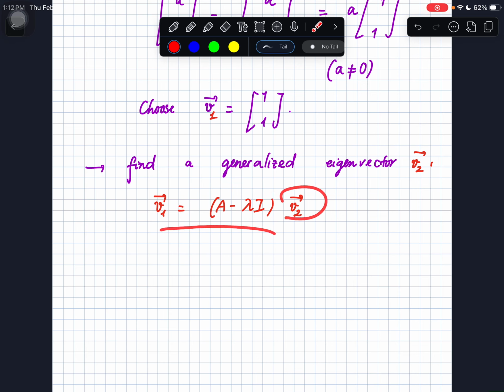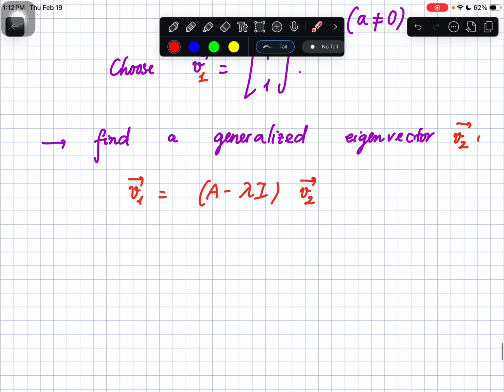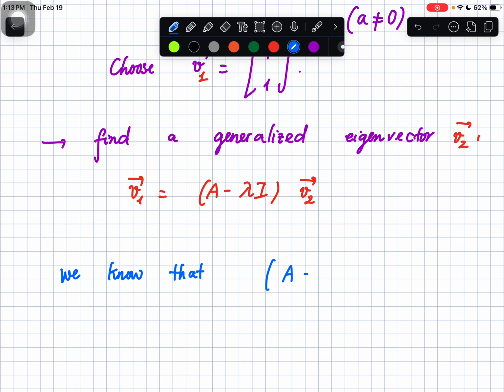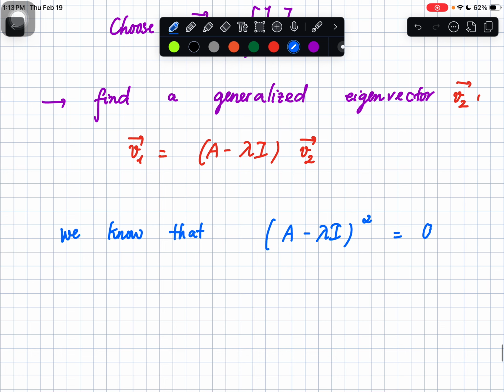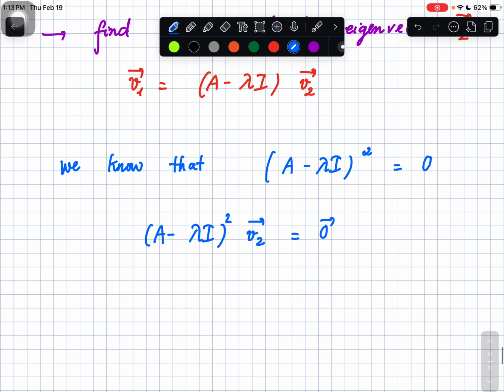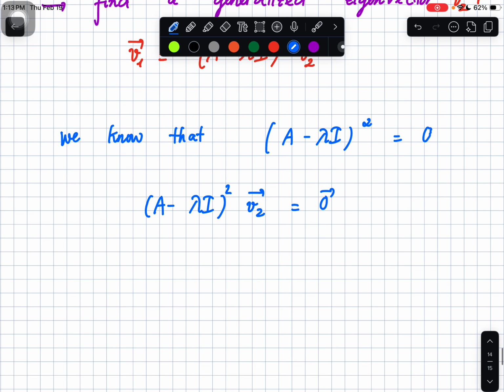Or else we know that for a 2 by 2 matrix, in this case where lambda is defective, A minus lambda I squared equal to 0. So (A minus lambda I) squared times v2 equal to 0. This v2, you can choose to be anything.